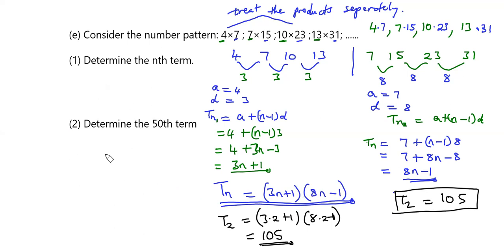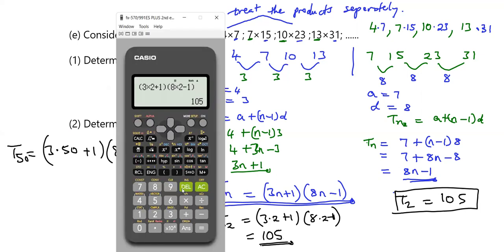So let's just get the T50 here. The T50 is going to be equal to (3 times 50 plus 1) times (8 times 50 minus 1). Okay, let's punch in our calculator.